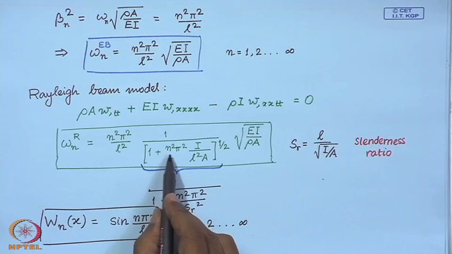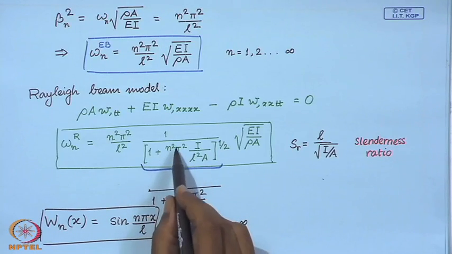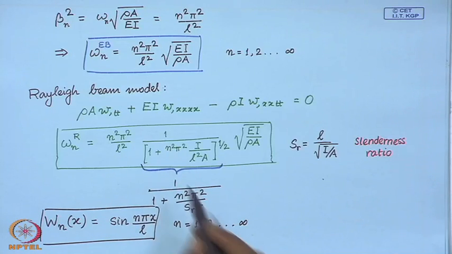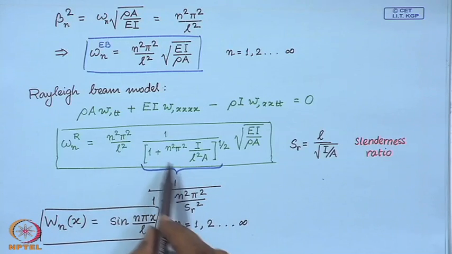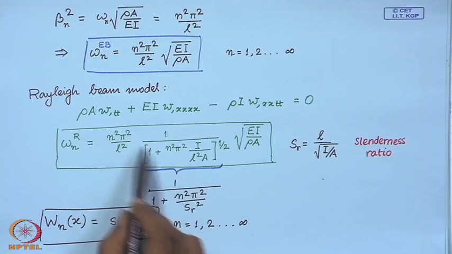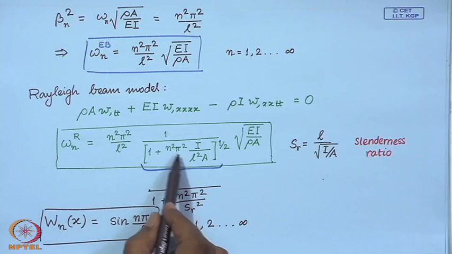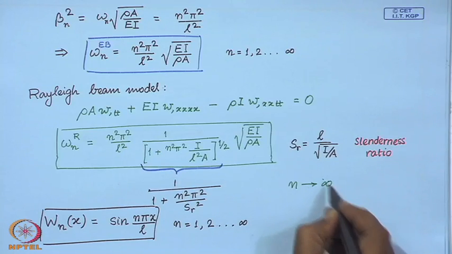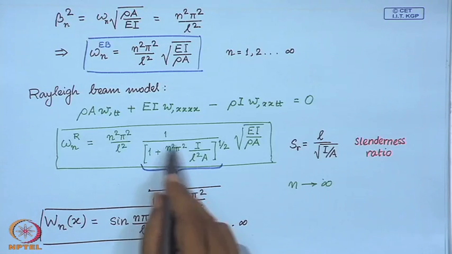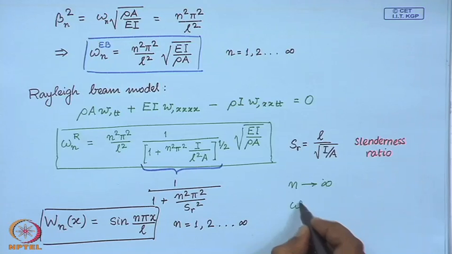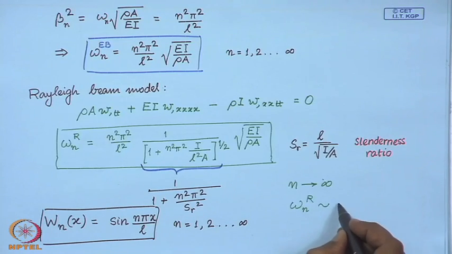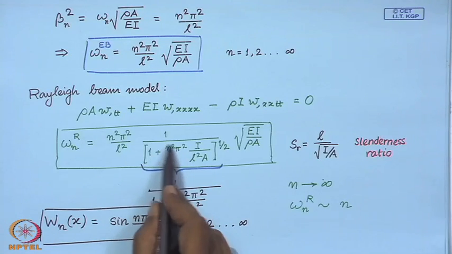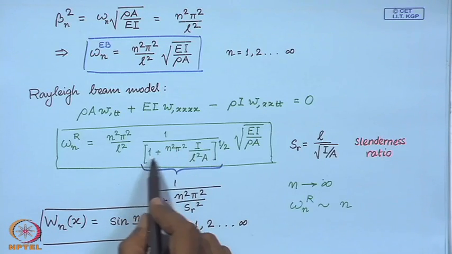Now, you see if n is very high, suppose n tends to infinity, then you can easily see that the frequencies become proportional to n. So, if n becomes much larger than 1, this term becomes much greater than 1.